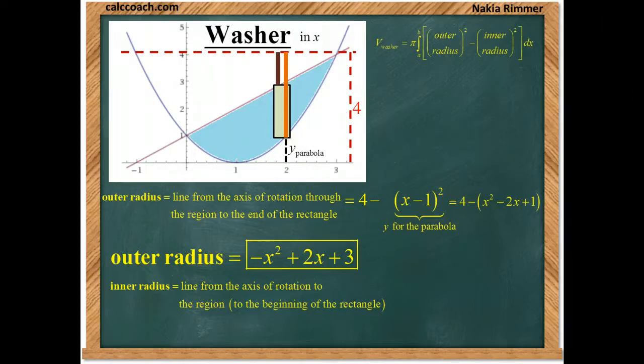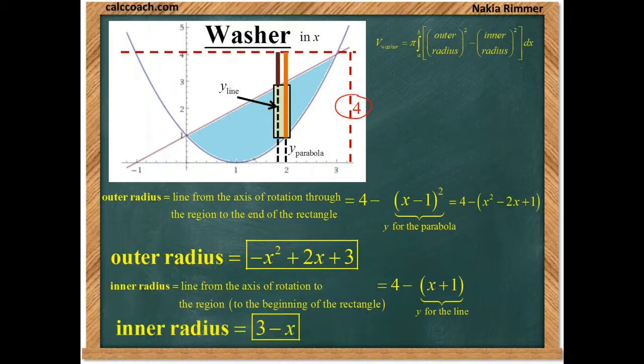We take this distance 4 again, and from it we subtract the distance up to the line, so it's the y value off the x-axis for the line. The line's equation was x plus 1. Combining the terms, you get 3 minus x. So we have our outer radius and our inner radius. Now we're ready to attack the formula where we square each, subtract, and then integrate.